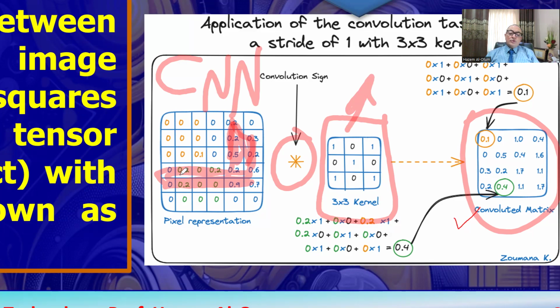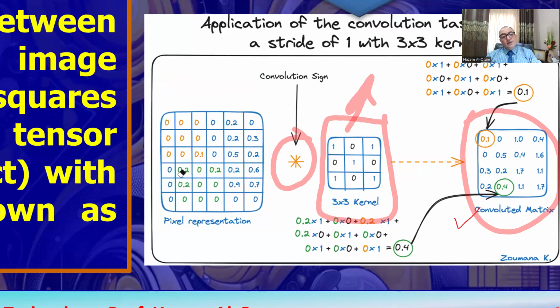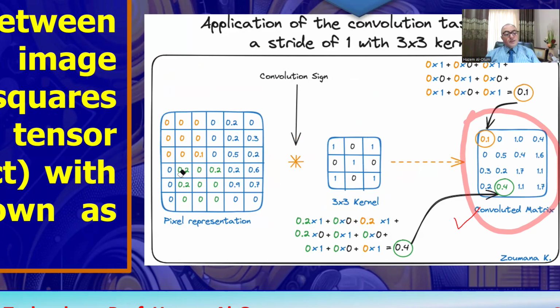Usually we apply the convolution operation to the input with a large number of filters, maybe 16 filters, maybe 8 filters, maybe 64 filters, more or less, depending on your application. And the more filters you use, the more features are extracted from this input image. And with the help of max pooling or pooling applications, you reduce the spatial domain and increase the features domain.